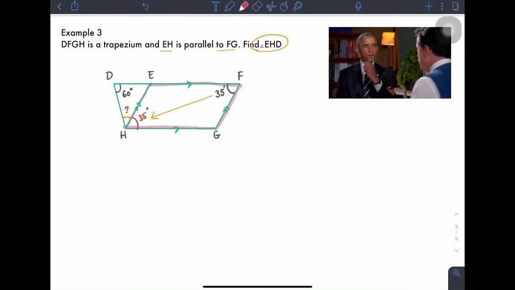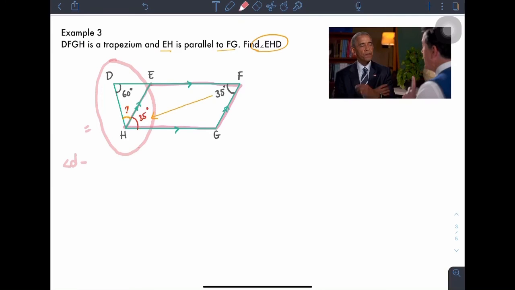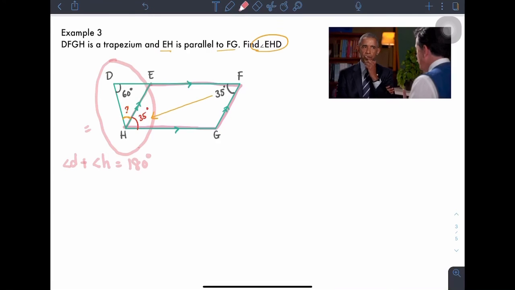Yes, because using the concept of a trapezium, angle D plus angle H will give you 180 degrees.